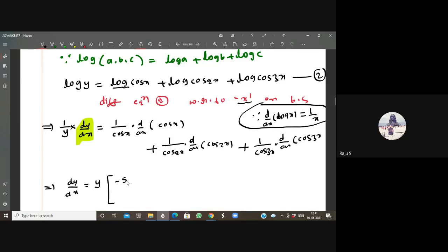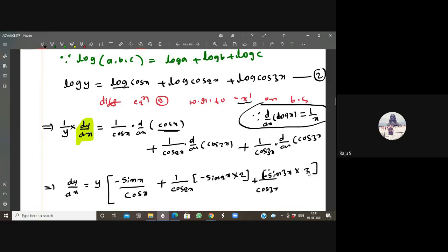Minus sin x, yes, by cos x, plus 1 by cos 2x into the derivative of cos 2x, minus sin 2x into the derivative of 2x, that is 2, plus 1 by cos 3x into the derivative of cos 3x, minus sin 3x into 3, because the derivative of x is 1, so 3 into 1 is 3.